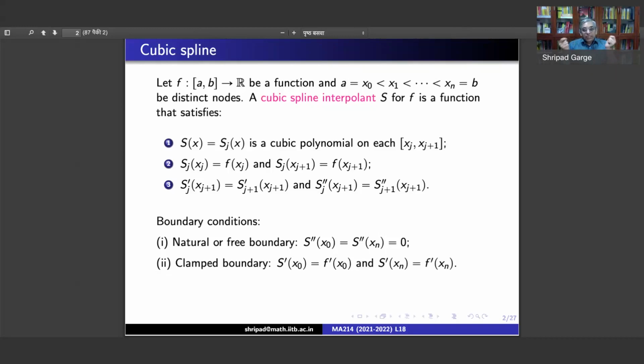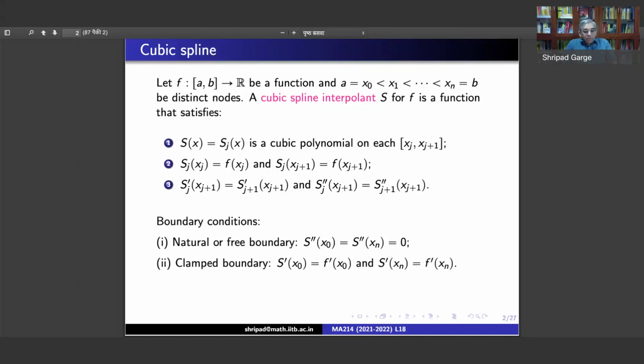But not just that, the sj and sj plus 1 happen to be the same on the common point, their derivatives and the double derivatives are also the same. This is what we have for the spline that is given by cubics.